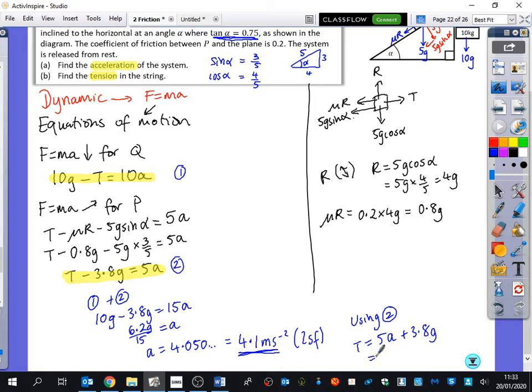So we can just say it's that times 5 plus 3.8 times g, and we get 57.49333, or 57 newtons. And as I said, today I'm doing two significant figures, because remember in the exam you can do either 2 or 3, whatever you want will work out, okay?